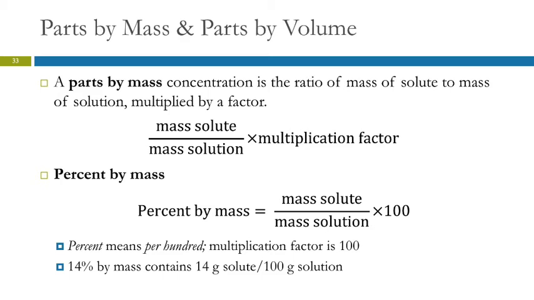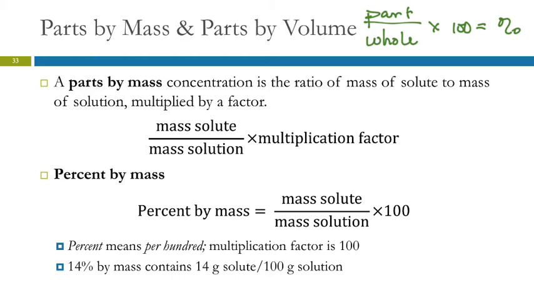Okay, parts by mass, parts by volume. These are related to percent. Here we are looking at the ratio of the mass of the solute to the mass of the solution. I've described percent before as the part divided by the whole times 100. That equals the percentage. In the solution, the part we're interested in is the mass of the solute, and the whole thing is the mass of the solution.